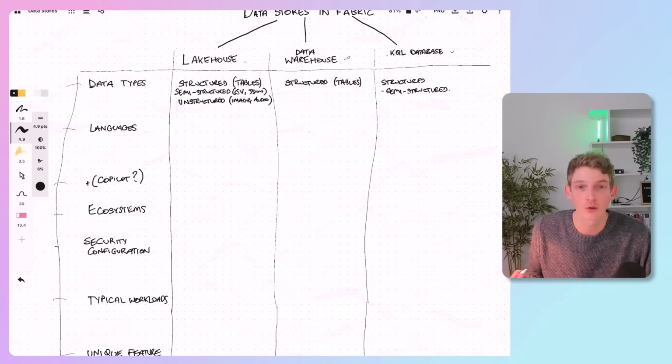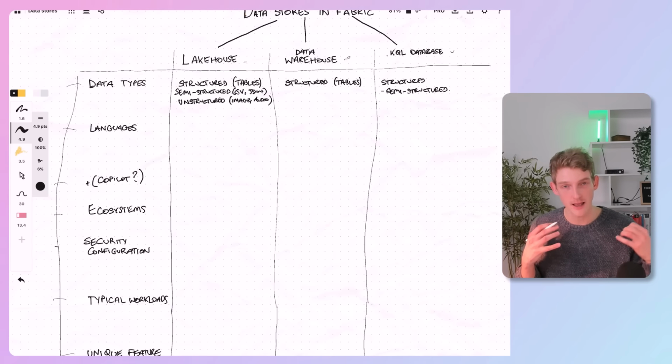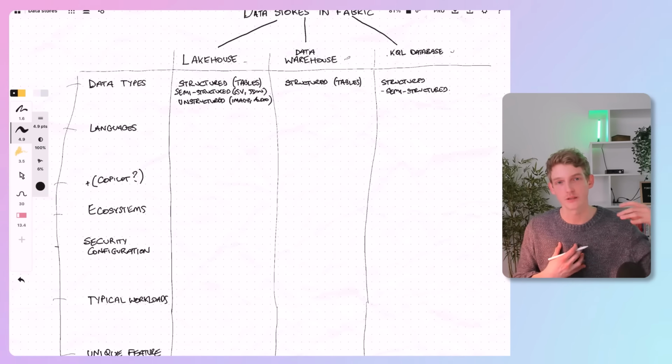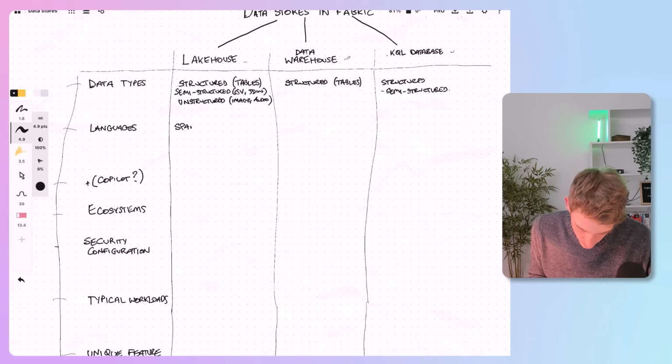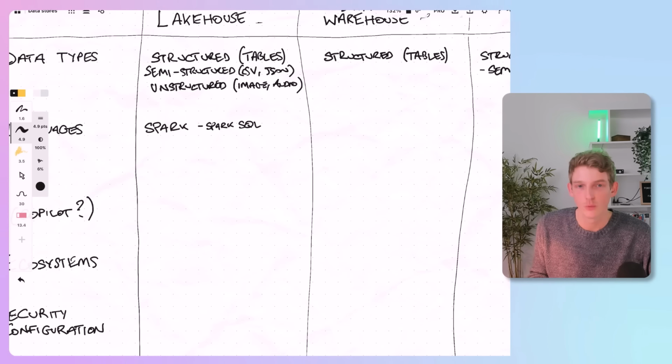So for the Lakehouse, obviously we have access to the Spark engine. So we can write any languages that we can write with Spark. So for Spark, that's going to be Spark SQL, which is similar to T-SQL, but there are some differences. You've obviously got PySpark, did a long series on that, Spark R, and Scala.